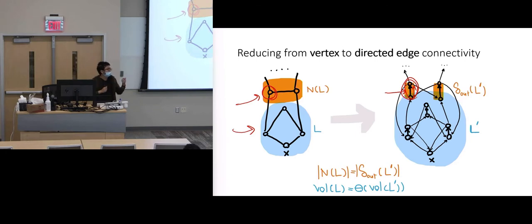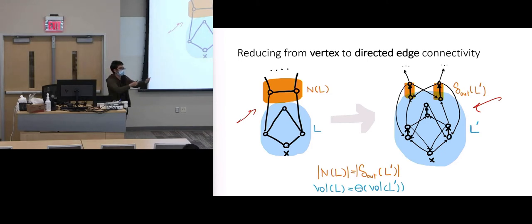So with this transformation, you find a directed cut with a small number of out edges in the new graph, and the solution in this directed graph corresponds to a vertex cut in the original graph. Does it make sense?